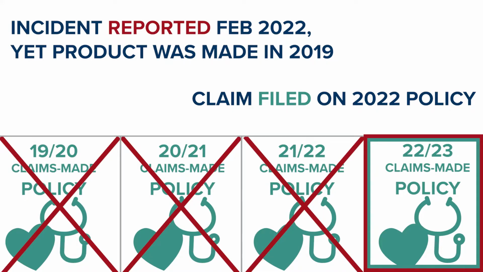However, we didn't make the claim until February of 2022. So which policy do I file it on? Well, you actually have to file it on your January of 2022 to January of 2023 policy.